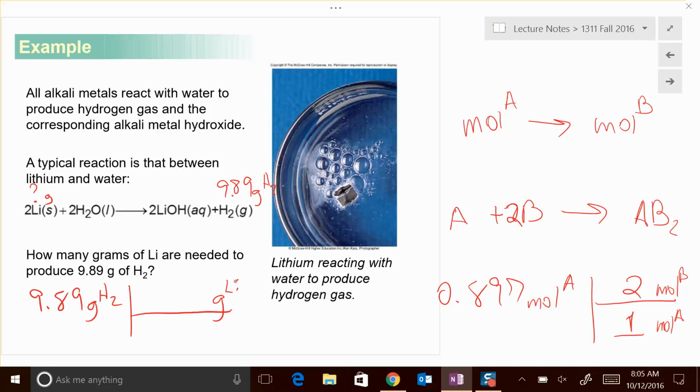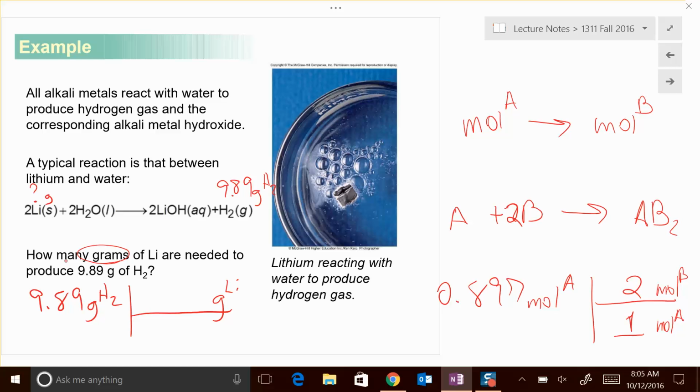Because these coefficients are not in grams. They're in moles. So in order to do this, I'm going to have to do more than one step. The only time I would ever do one step is if it's moles to moles. Whenever grams are involved, that's an indication that it's going to be more than one step.